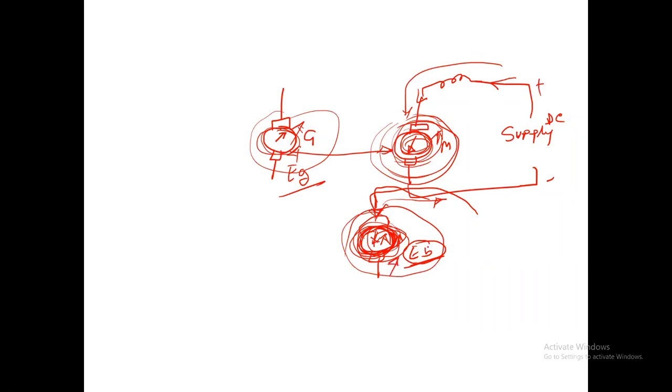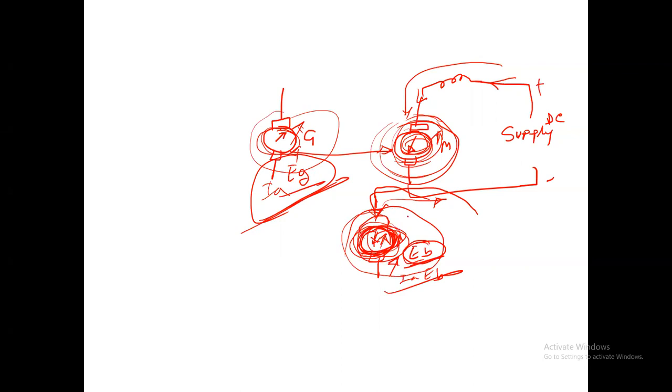This developed power is EB times IA for the motor, and EG times IA for the generator, where E is equal to VI. But this is the back EMF.